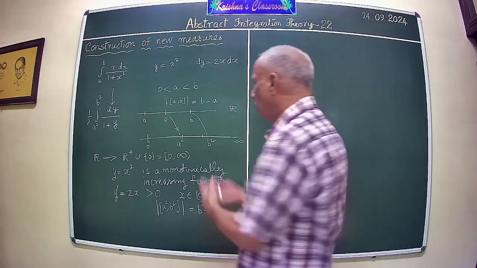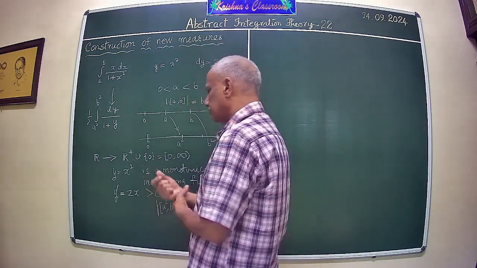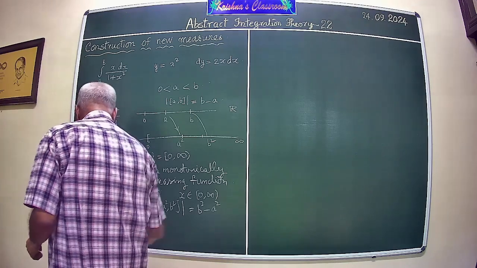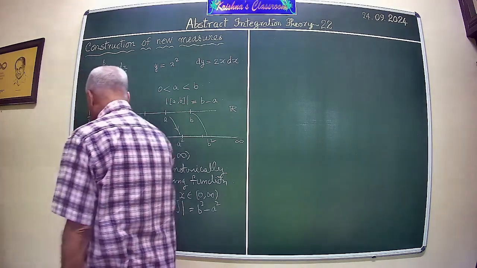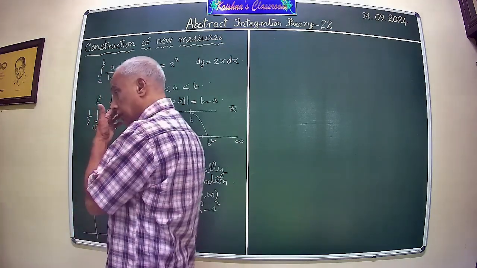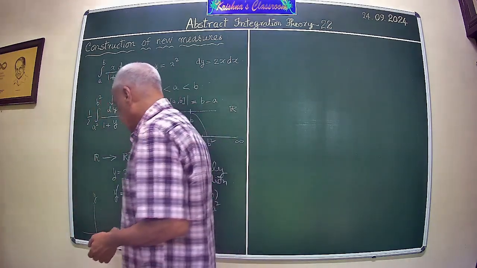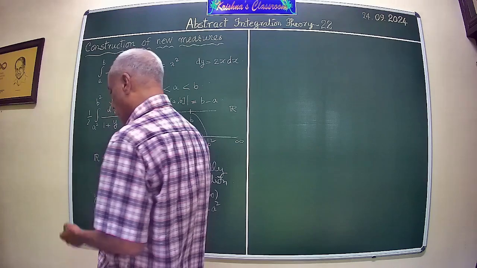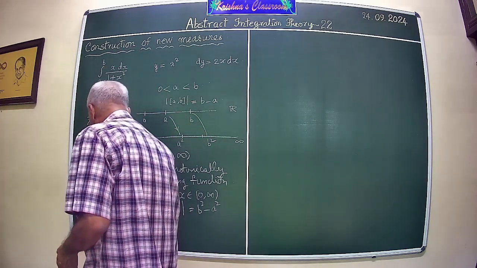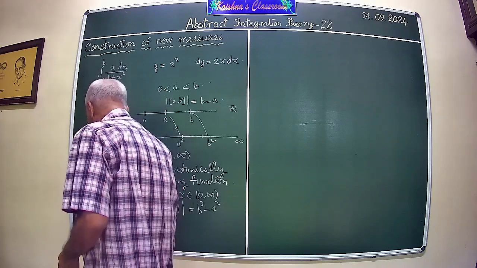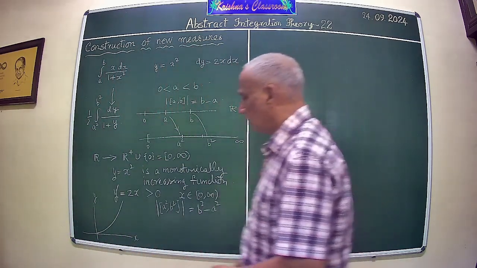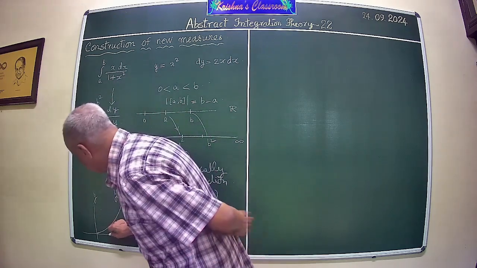Okay. How have we achieved this? We have achieved this through this kind of transformation. So if you look at it, this is the y variable, this is the x variable. Now you see the transformation y equal to x square, the graph of the function is something like this. So the mapping that takes place is this.